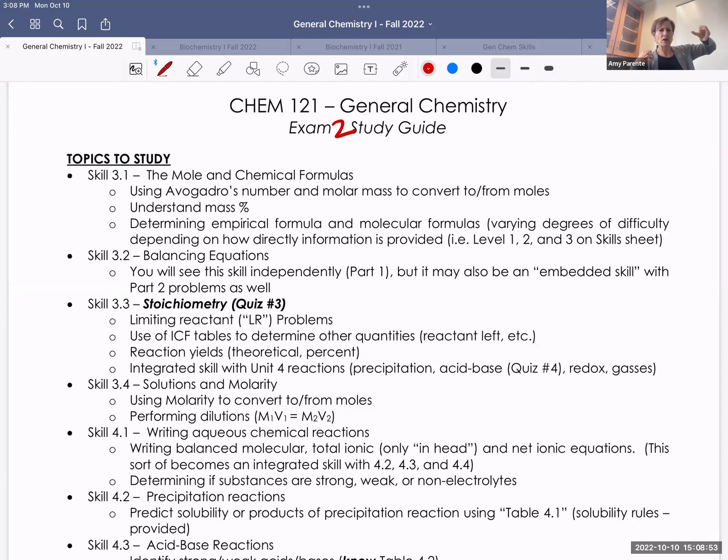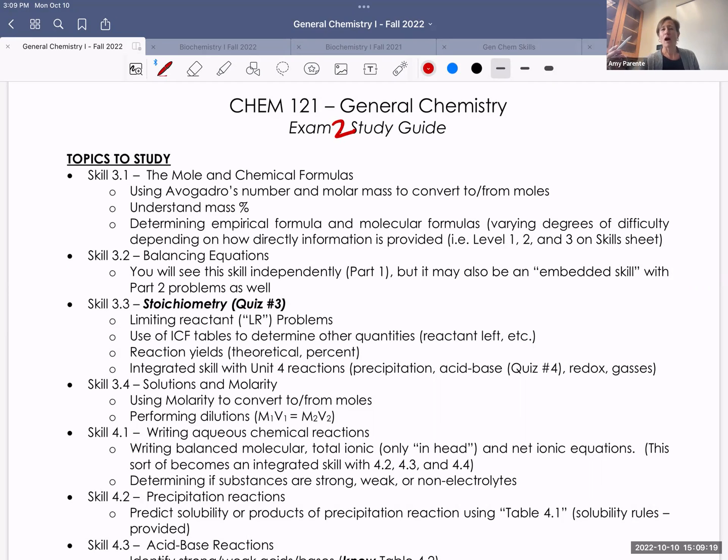If you have something that's a percent, in every 100 it allows you to get to units of grams and so forth. And we used that when we were doing problems with empirical and molecular formulas. You had one of those problems on your quiz 3, with varying degrees of difficulty depending on how directly information is provided for you.